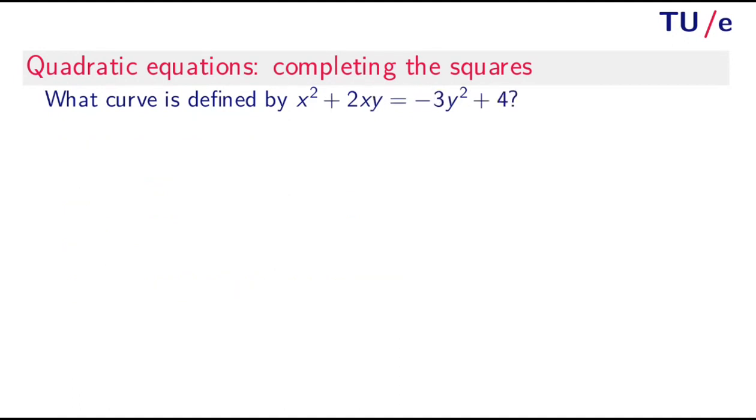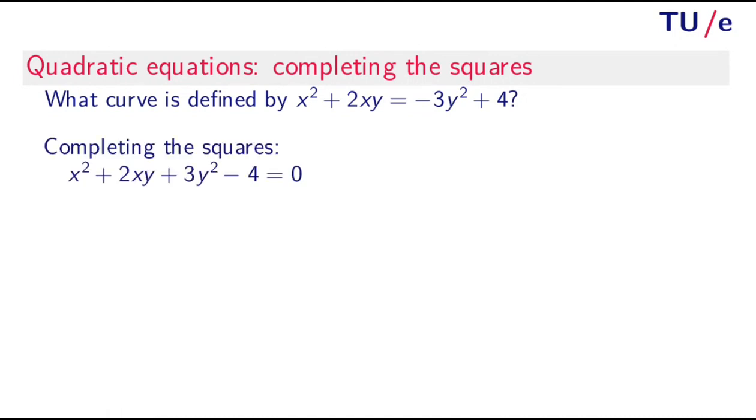A second example. Now start with the equation x^2 + 2xy = -3y^2 + 4. Again, we start with this equation by putting everything on the left hand side and find x^2 + 2xy + 3y^2 - 4 = 0.